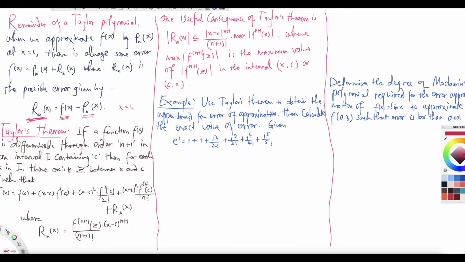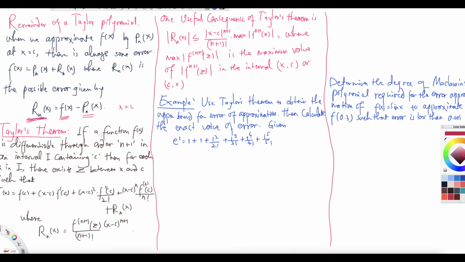And then we can also say how many terms we should take in order to limit the size of the error under a certain number. What degree of p_n(x), what is the value of n we should take, so that the size of the error is less than a certain amount. We can limit that. So this is what this theorem talks about.